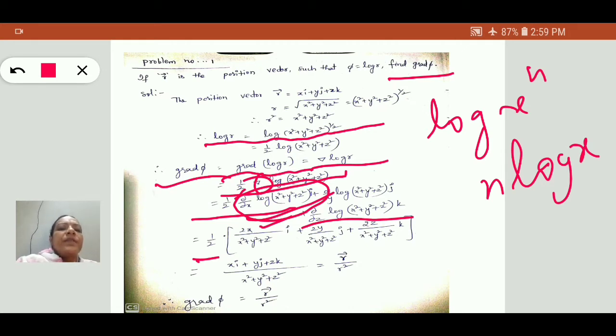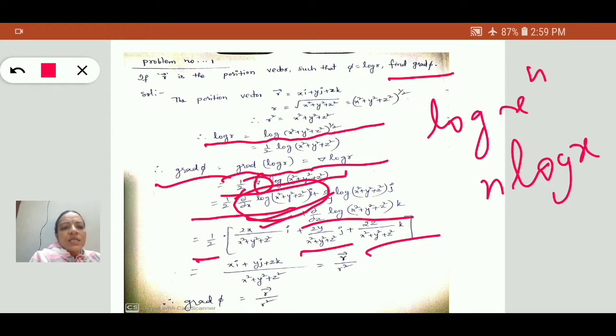Similarly for the y term, the j term, that is 2y by x square plus y square plus z square. Next the k term, that is 2z by x square plus y square plus z square into k.